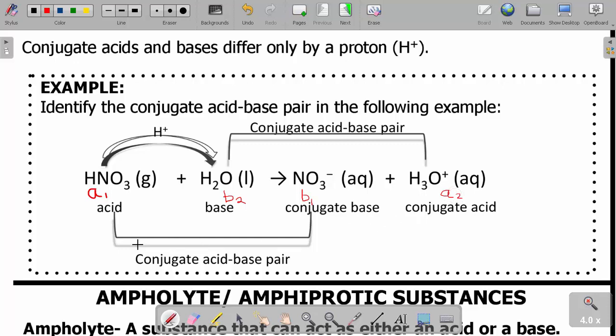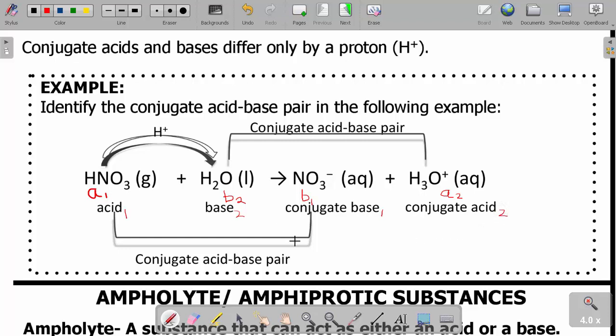So be careful. This is my acid A1. This is my conjugate base B1. This is my base B2. This is my conjugate acid A2. Okay.